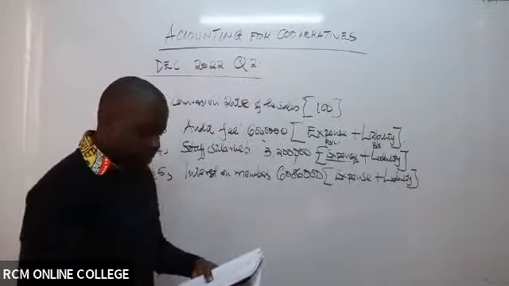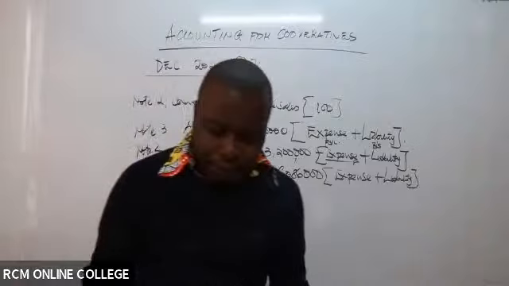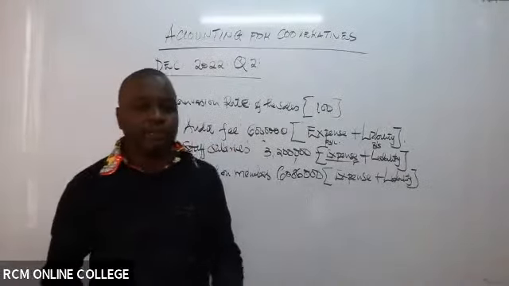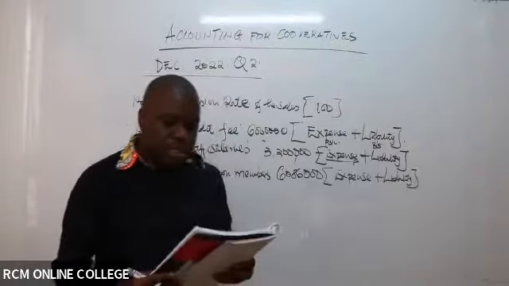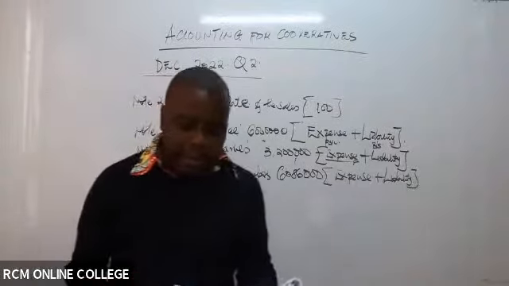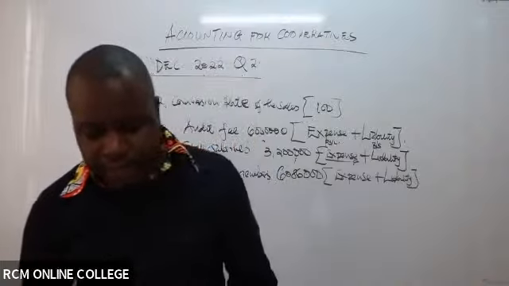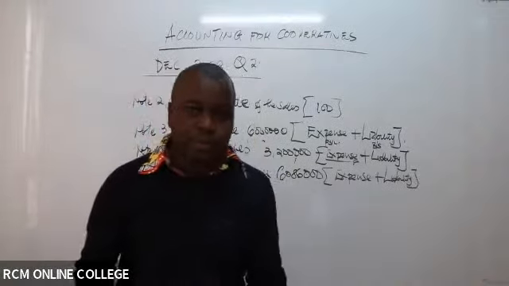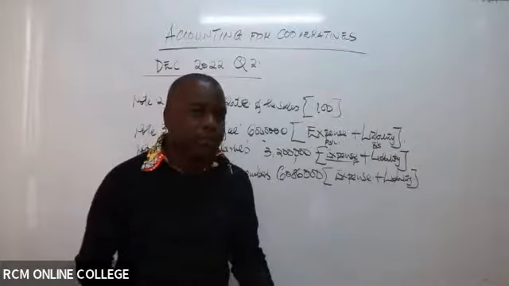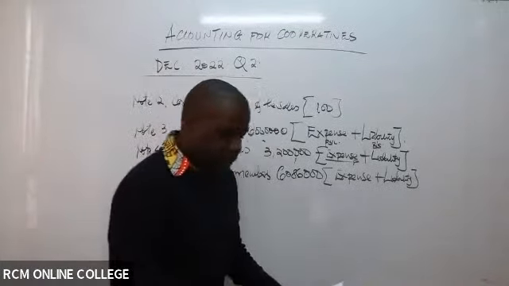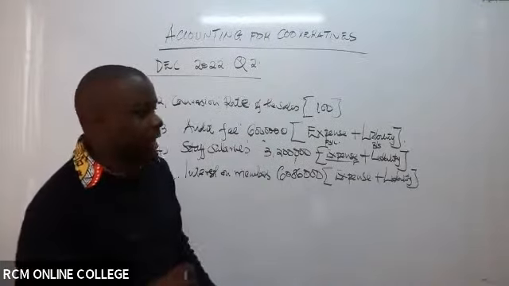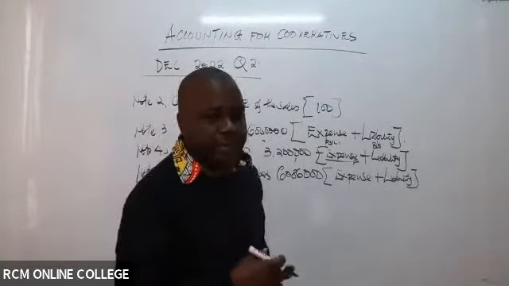Then note number 6, which we've already mentioned, is part of the provisions under the Cooperative Societies Act. As per the relevant ministry regulations, cooperative societies are required to transfer 20% of their net earnings to statutory reserve. When you're doing the appropriation, you need to take 20% of the earnings they would have realized in the income statement.